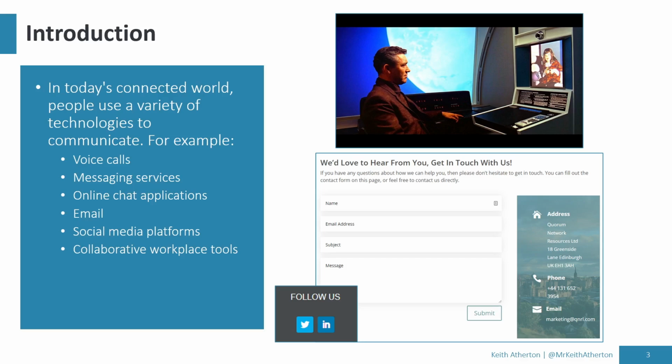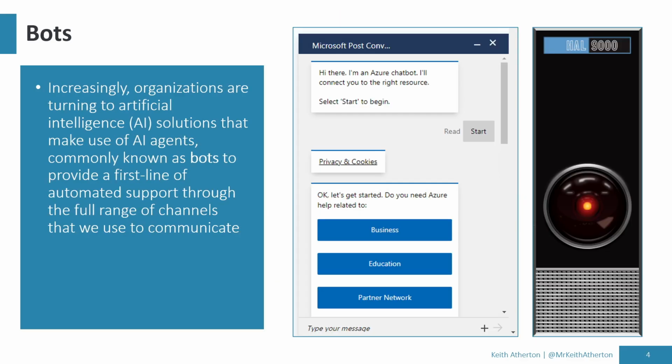Sometimes it can be for a quick query, it could be opening hours or a menu or something like that. Sometimes it's a bit more involving. Hey, I want to arrange a meeting, or I wonder if you could help me with a certain service, and it's a bit more of a discussion. So bots can be really useful for this, and organizations are often turning to using bots which use AI to automate things like first line support to answer these quick simple questions, or to redirect them to the right resource.